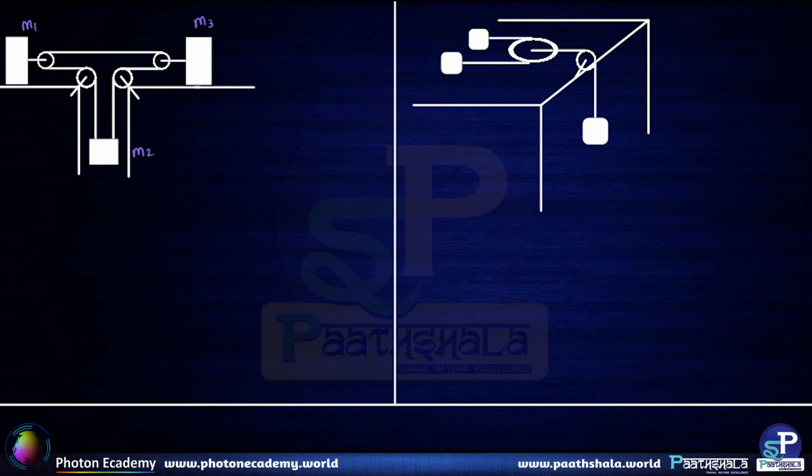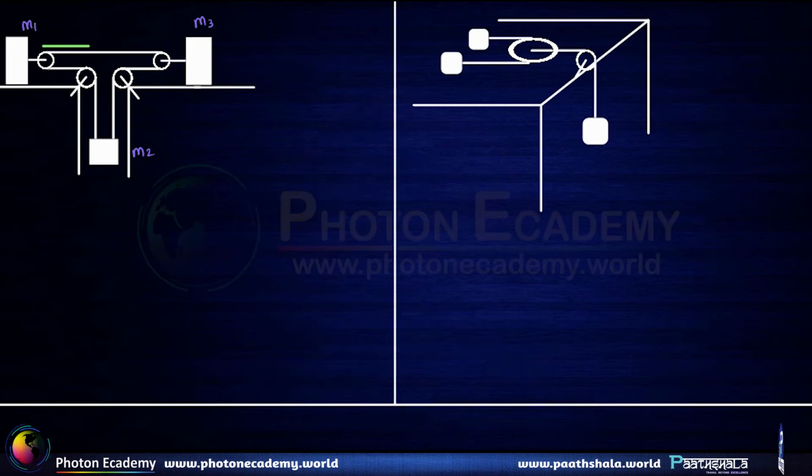So assuming this particular distance to be x1, this also happens to be x1. Assuming this particular distance to be x3, this also happens to be x3.